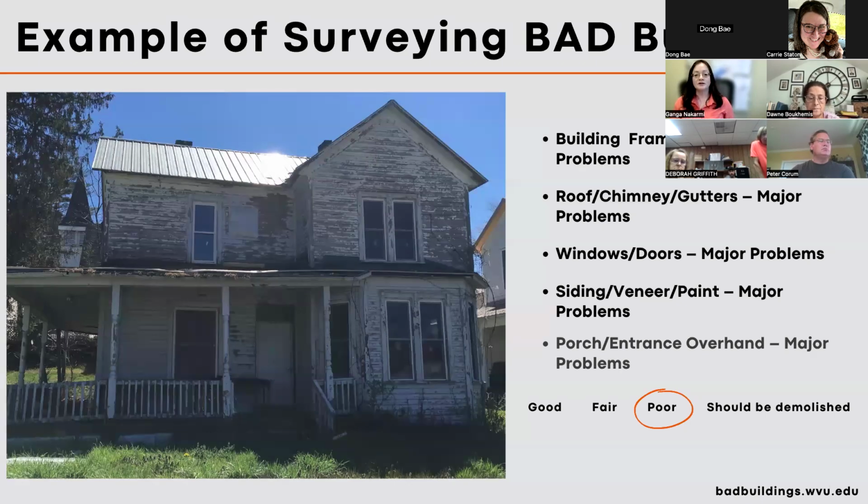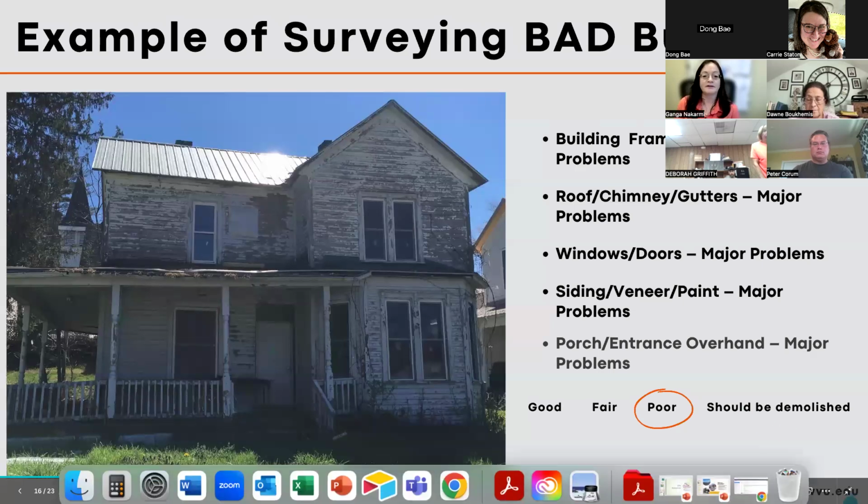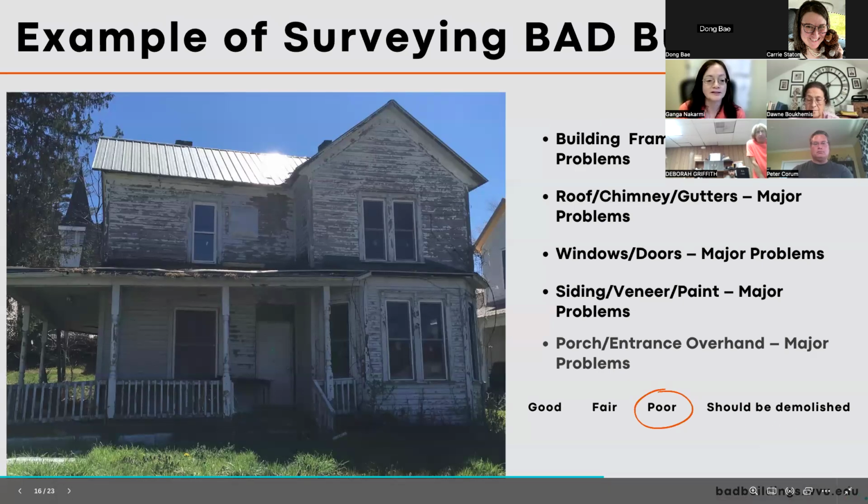Windows and doors are also major problems. Siding is also a major problem. As you can see, the painting is really bad in this property. And the cornice is also hanging. You can see all these.